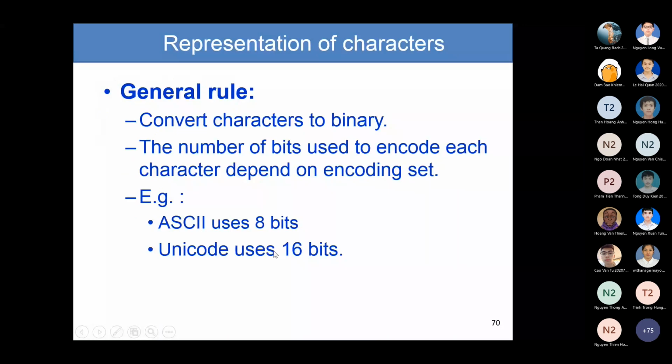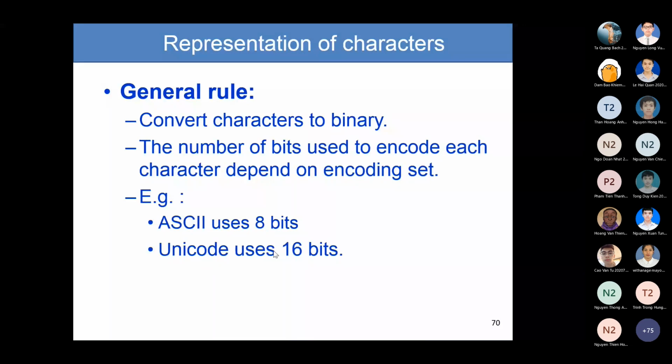The last one: how to represent characters in the computer. So what is a character? Characters, for example A, B, C until Z. We have small and uppercase letters. In total we have 26 characters in English, right?